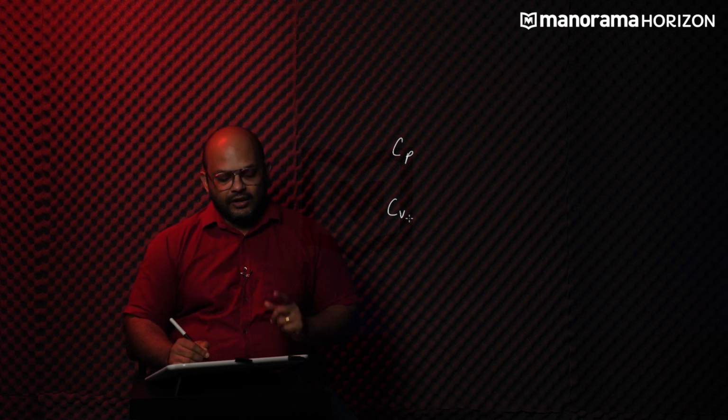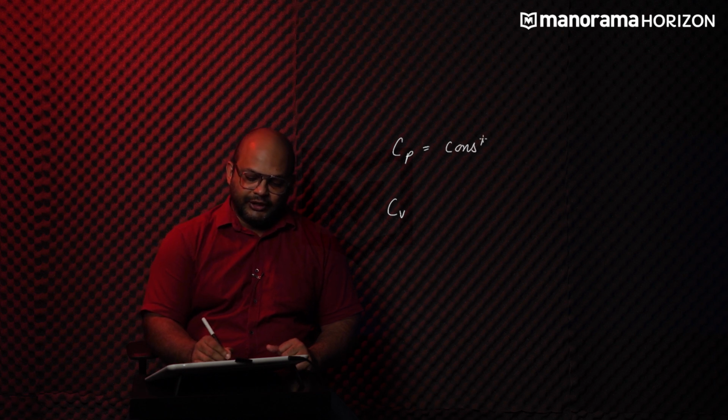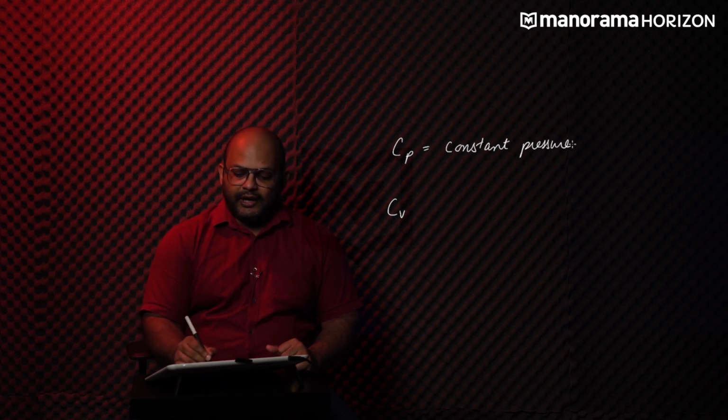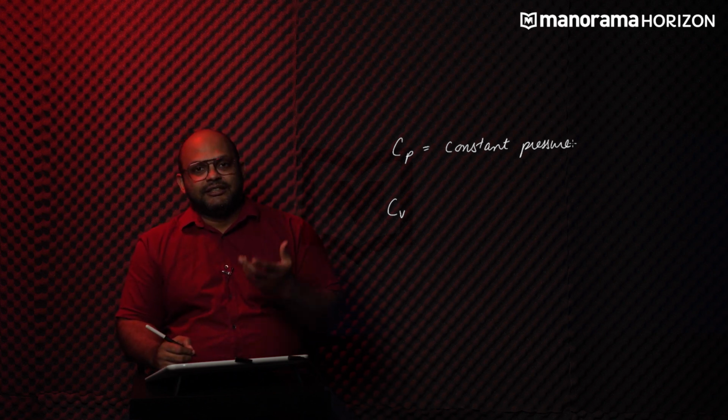These are Cp and Cv, where Cp is the specific heat for the gas which has been calculated at constant pressure. If you remember, if we apply heat to a gas at constant pressure, there will be a change in its volume.